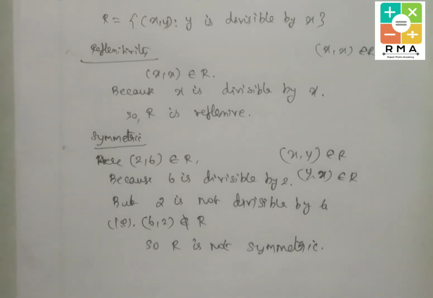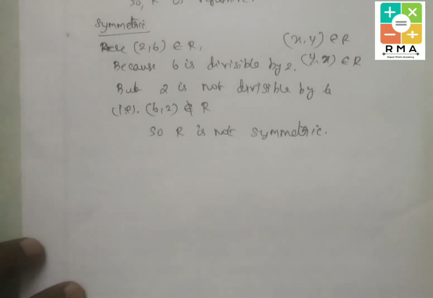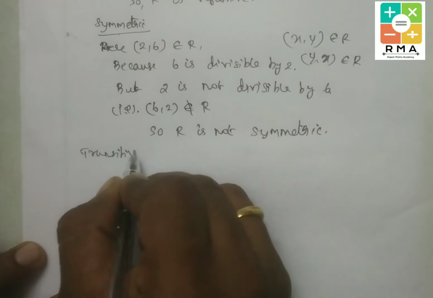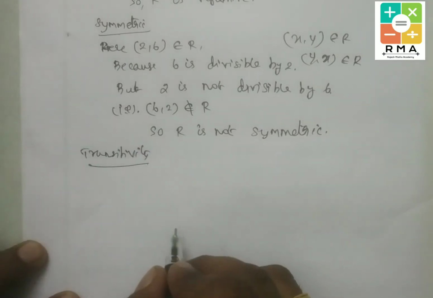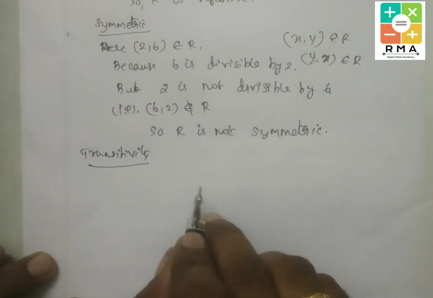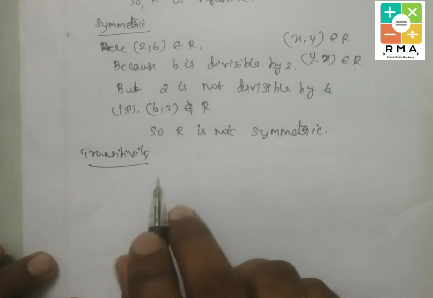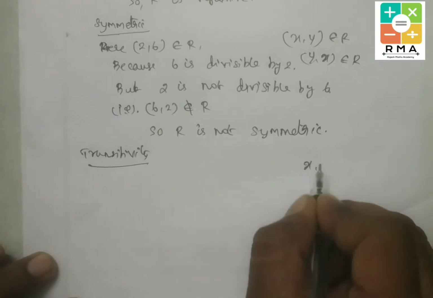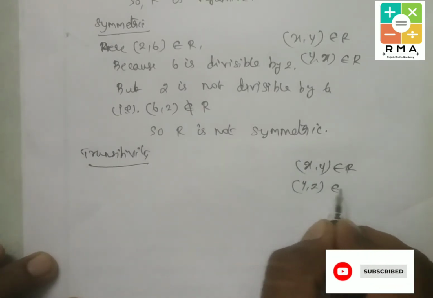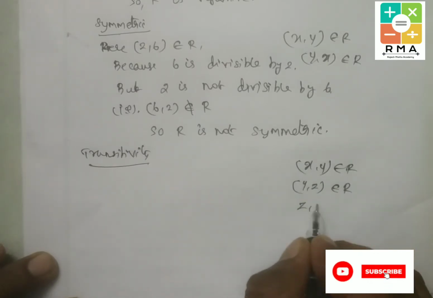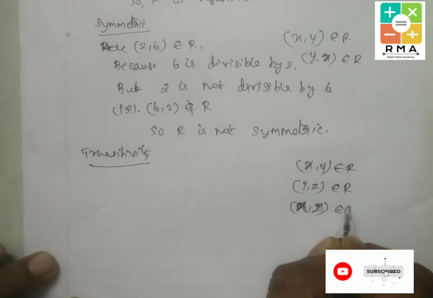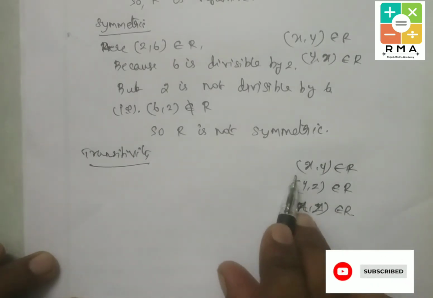So reflexivity over, symmetric over. Next we will check the transitivity. So how to check transitivity? Transitivity definition is what? X comma y belongs to R, y comma z belongs to R, then x comma z also belongs to R. X comma y should be in the relation, y comma z should belong to R. Next x comma z also should belong to R. Or we can take it as a, b, c also.